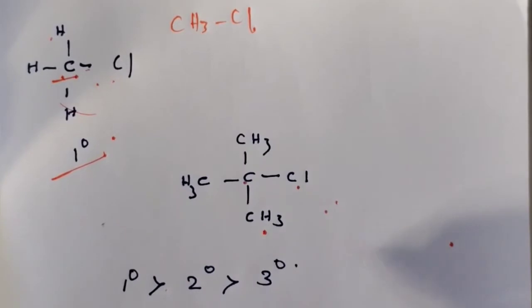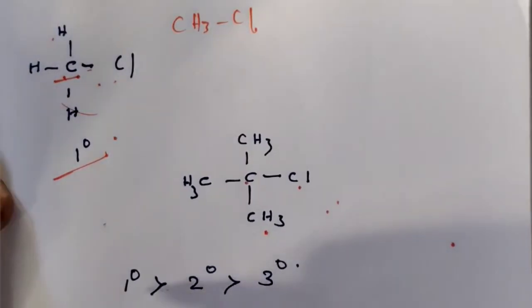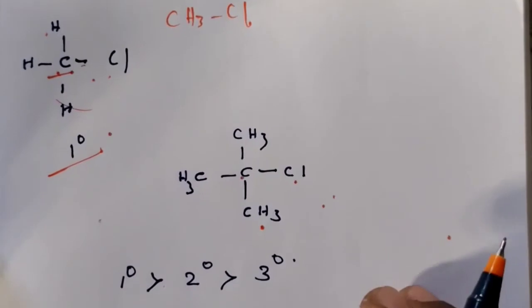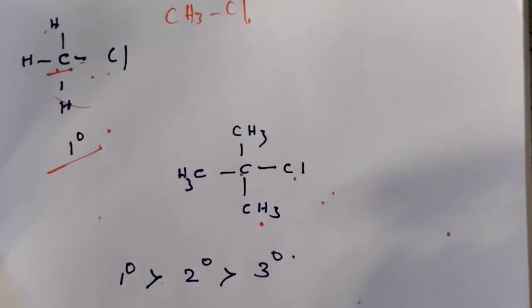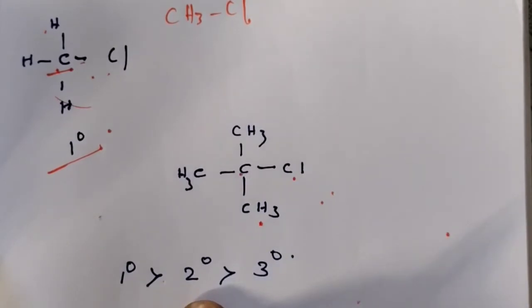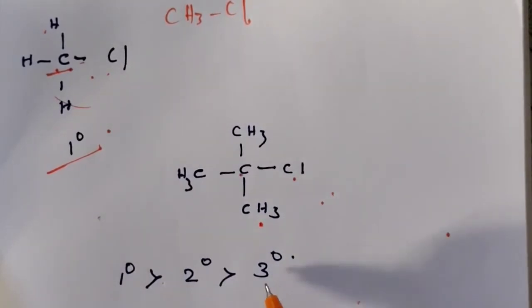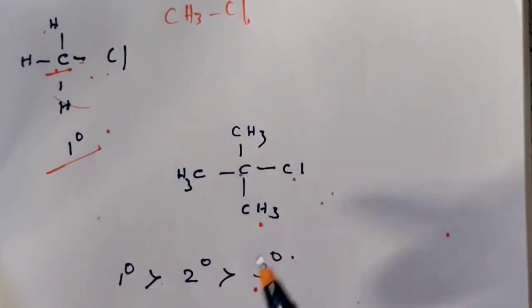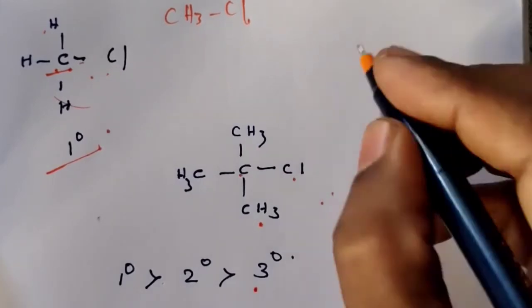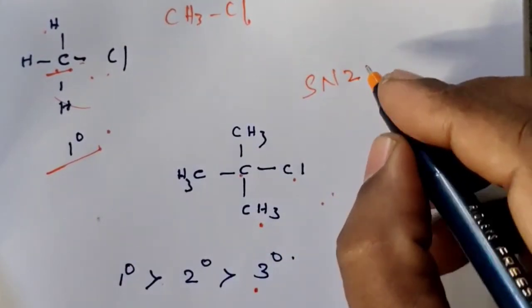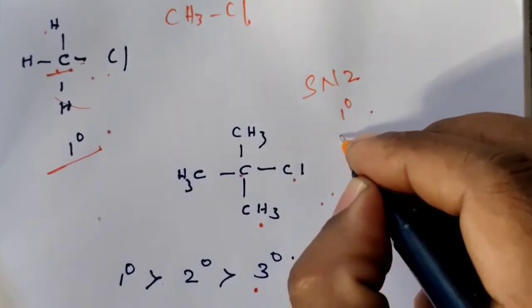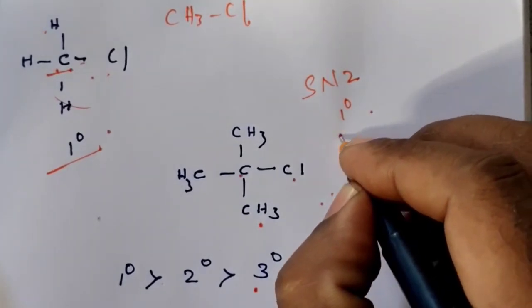Therefore, the SN2 mechanism follows the order: primary alkyl halide reacts very fast in SN2 mechanism, faster than secondary alkyl halide, which in turn reacts faster than tertiary alkyl halide. Why do tertiary alkyl halides react slowly? Because of the presence of bulky groups. So SN2 reaction is very fast in the case of primary alkyl halides. It is a very important point.